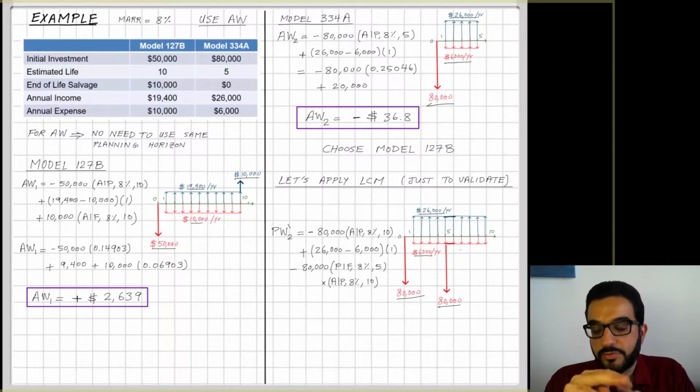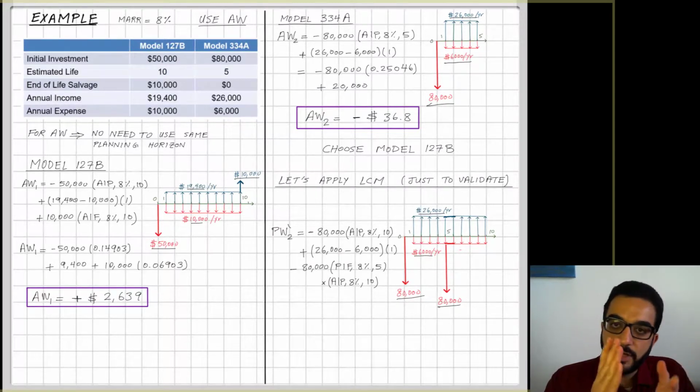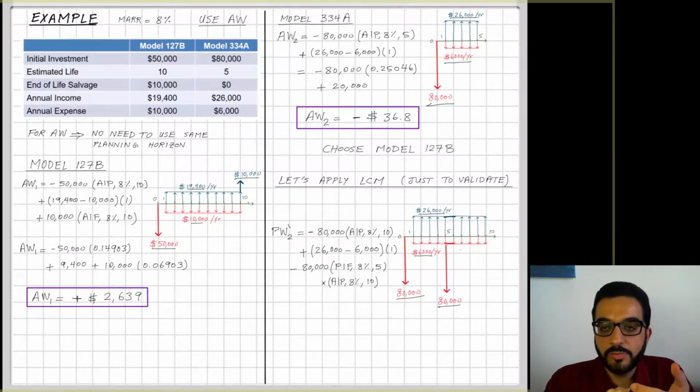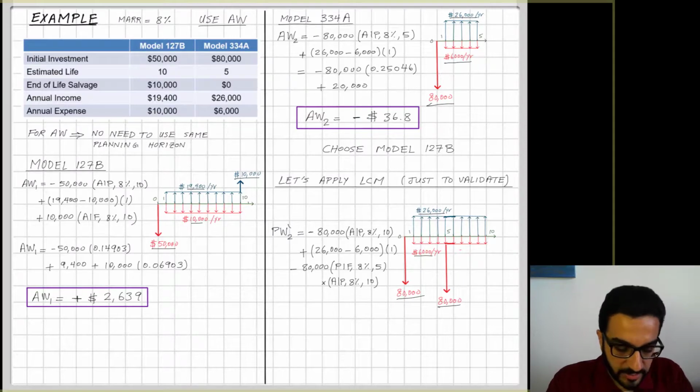So it's 2 factors here. You have to bring it to where the 80,000 initial one, the first one, is, and then multiply by the same A given P factor that I used for that one. So it's multiply P given F, 8%, and then bring it from the beginning of the first cycle, which is 5 years, and then multiply by A given P.